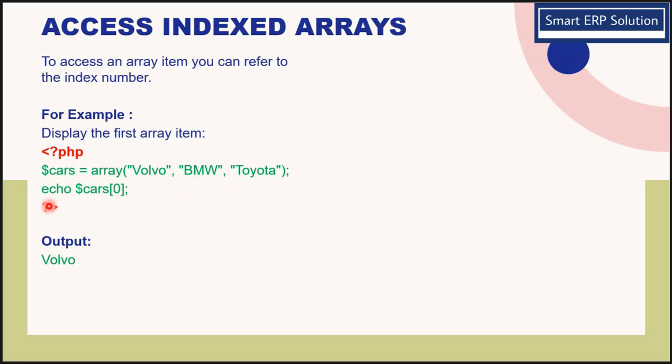If we write echo $cars[0], 0 means the first position of the array, we will get the output as Volvo, because Volvo is in the 0 position of the array. BMW is in position 1 and Toyota is in position 2. So if you write $cars[0], Volvo will be displayed.